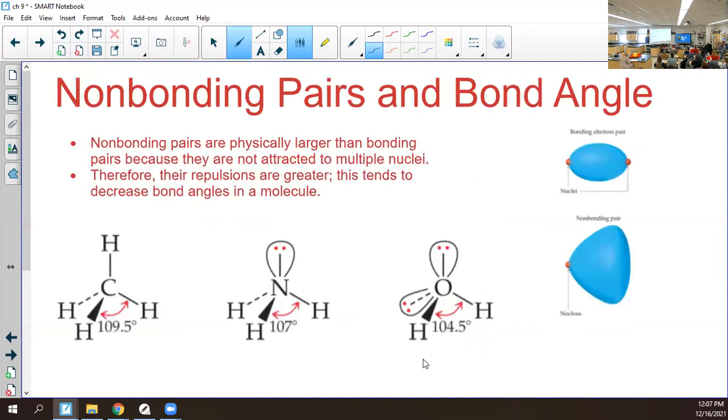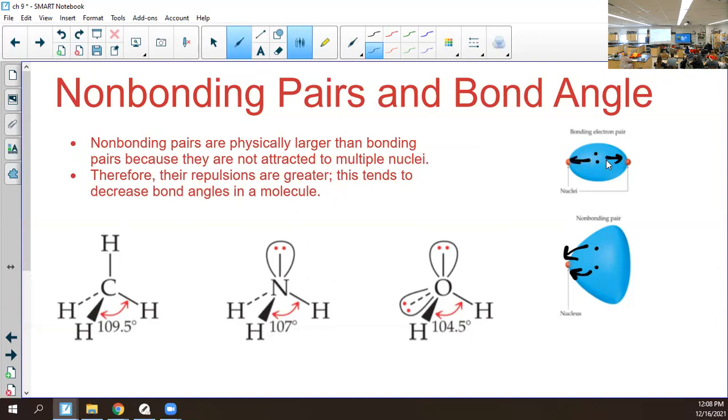So this next little piece is talking about how the non-bonding pairs affect the bond angle. Non-bonding pairs are physically larger than bonding pairs because they are not attracted to multiple nuclei. So if there's electrons here, they're pulled towards here, right? If there's electrons here, they're pulled that way and that way.